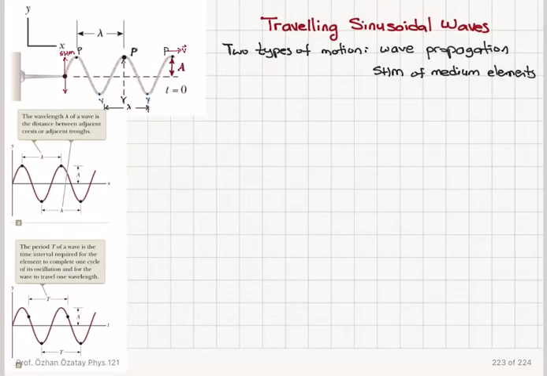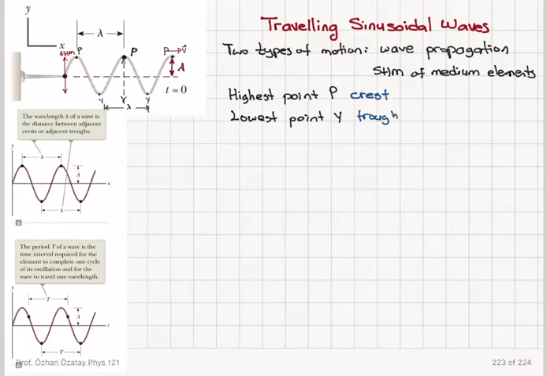The highest point in the wave, what I called point P here, is the crest. The lowest point, the minimum points, is called the trough.